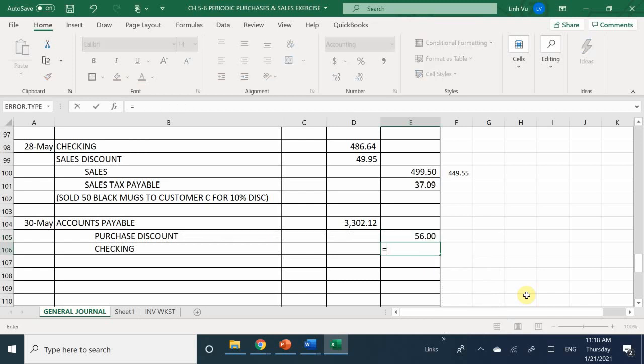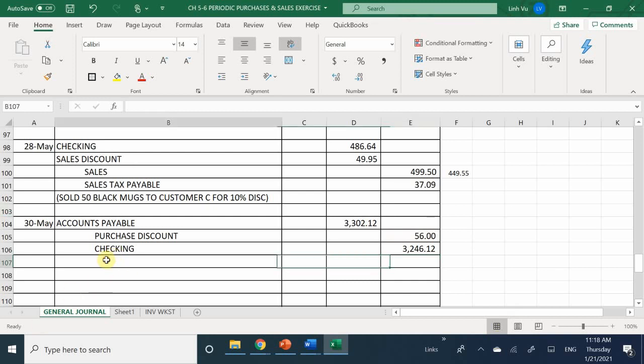Okay? So then how much is my total check going to be? How much is my total check going to be written out for? $32.46.12. And here I'm going to go ahead and make a little note here that the check was made out to Cuppy's Co. Okay.